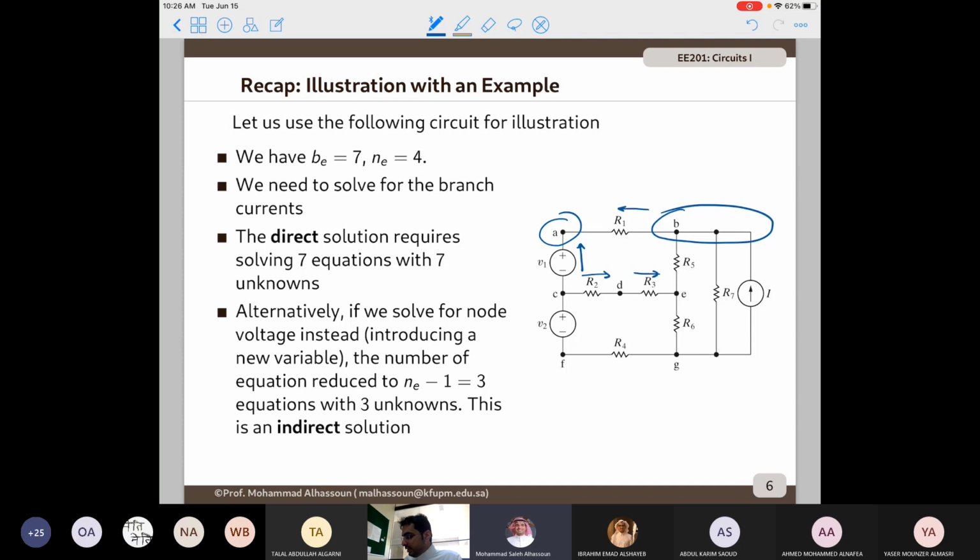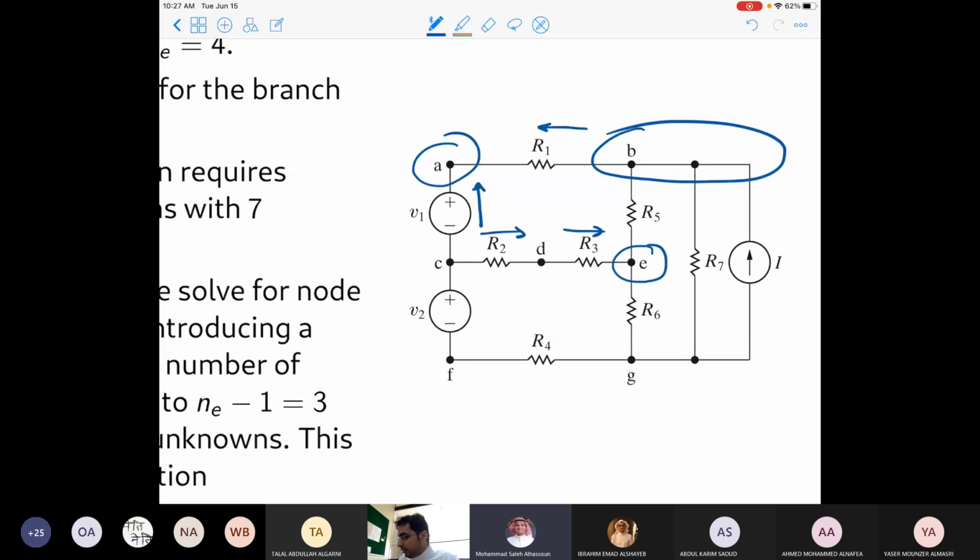So we said, instead of focusing on the current in each branch, let's focus on the current in each essential branch. Just a reminder, an essential branch is a branch that connects two essential nodes. For example, E here is an essential node, so this branch, the one that passes through R5, is an essential branch.